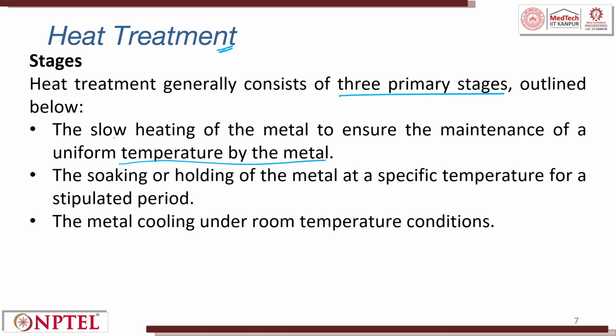If I do a sudden heating instead of slow heating, the core will be very soft or will not have anything, and the surface will try to take the hard values. Slow heating ensures uniform temperature throughout the material.